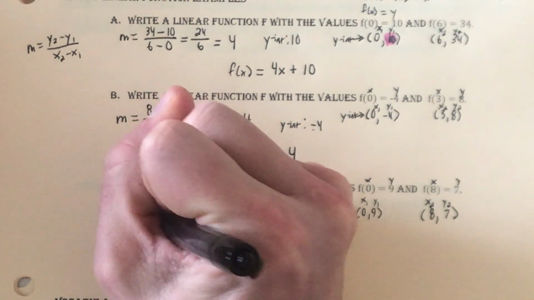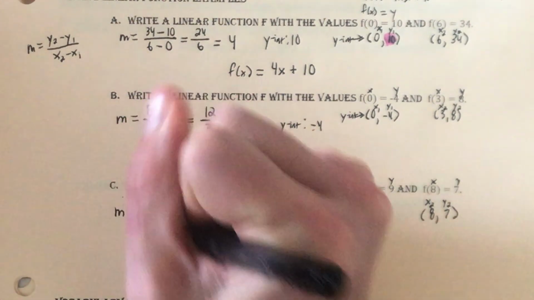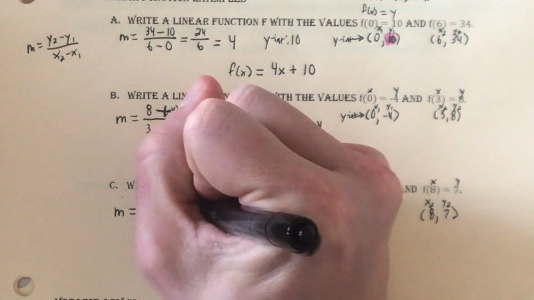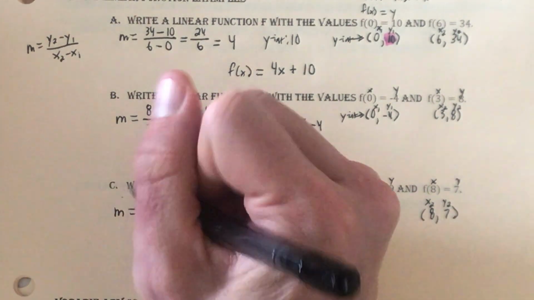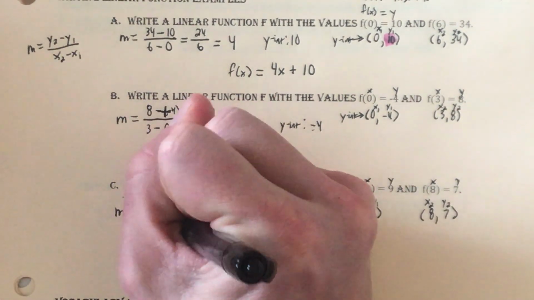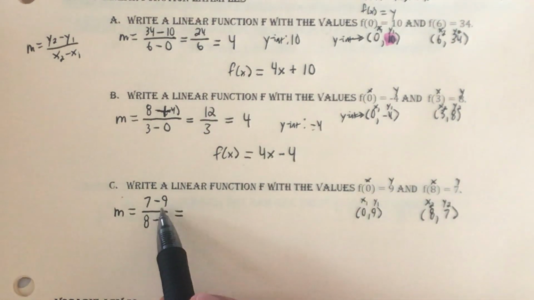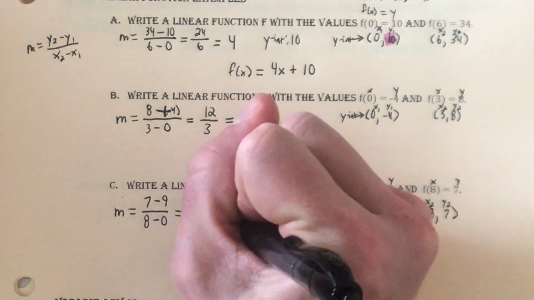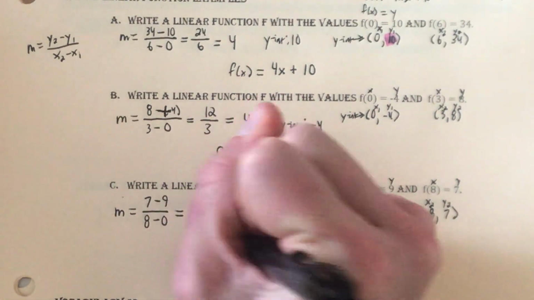So I get m equals y2, which is 7, minus y1, which is 9, over x2, which is 8, minus x1, which is 0. And that is equal to, well, 7 minus 9 is -2, over 8 minus 0 is 8.